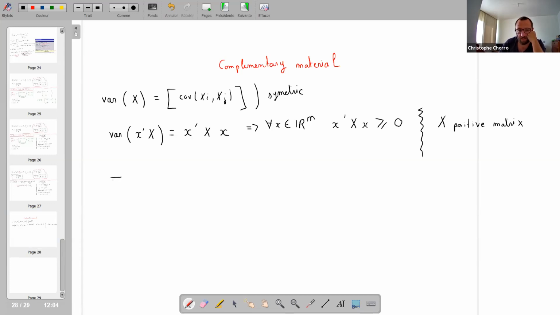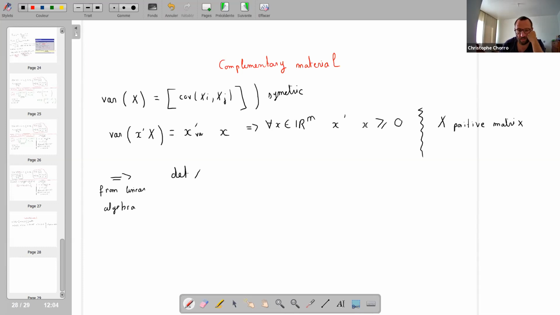In particular, from linear algebra, if you have a positive matrix, the determinant of Σ, oh, excuse me, I have made a misprint here, excuse me. So it's not Σ here.